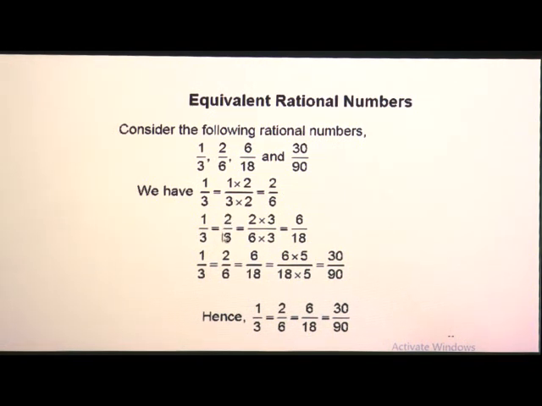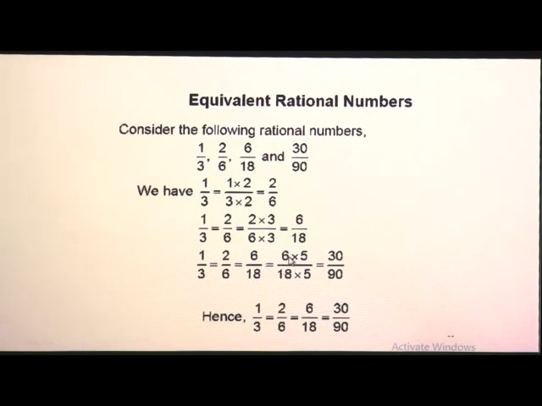Now, I will multiply this fraction by 3. So, I will get 6 upon 18. 2 threes are 6 and 6 threes are 18. So, we can say that 1 upon 3 is equal to 2 upon 6 is equal to 6 upon 18.